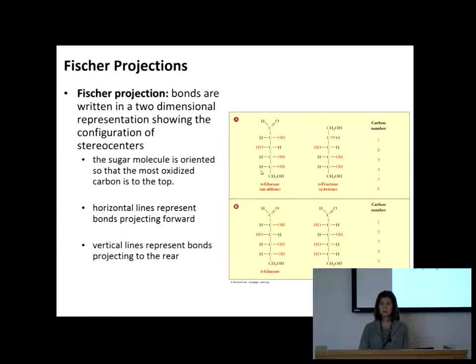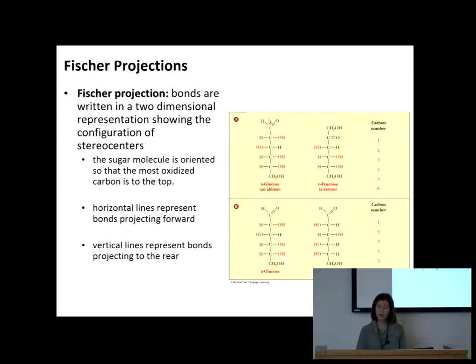Yes, Jordan? What's the configuration where you're drawing it in a circle? It's the Haworth projection, so we haven't gotten there yet. Okay, we'll get there momentarily. I could have sworn I learned it as Fischer in Orgo. I don't know. No, the open chain is, well, there is a Fischer projection for the closed chain, but we'll differentiate between those two, okay?